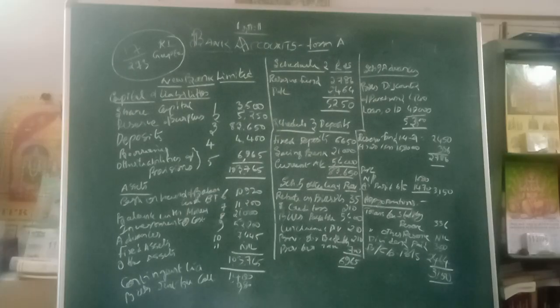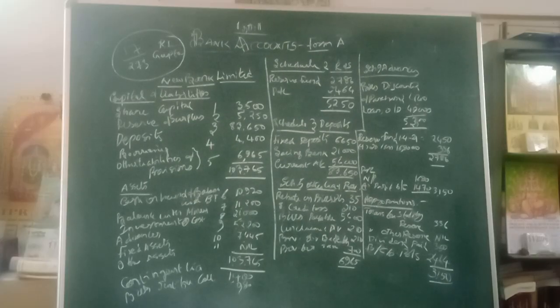Then the next item is cash in hand, where we have to take 10,500. That one should be taken in schedule number 6, cash in hand and balance with the RBI. There we have to take that item of 10,500 along with some other additions, so we take the full amount.